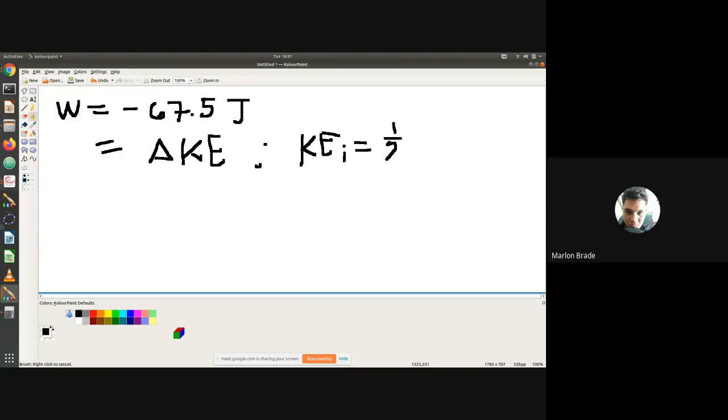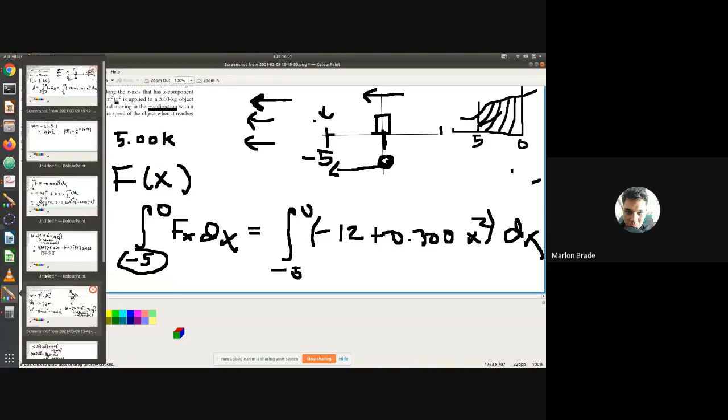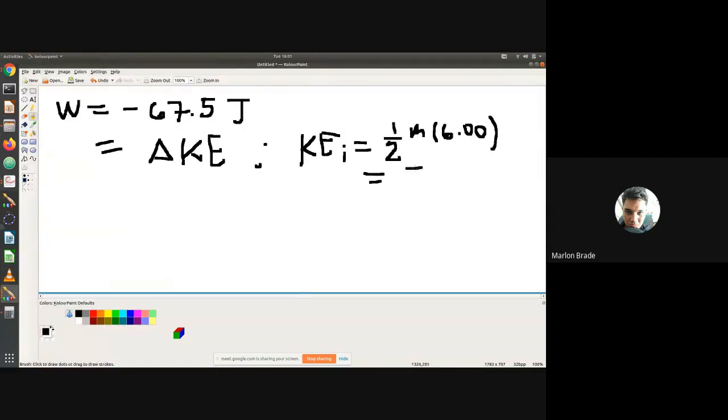So this is 1/2 multiplied by m, and this is 6.00 meter per second. So pila yung mass? So the mass of the object is about 5.0 kilogram. Okay. So this is 5 times 3, okay, so this is 15 joules.